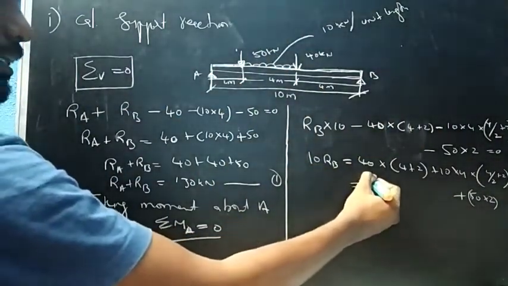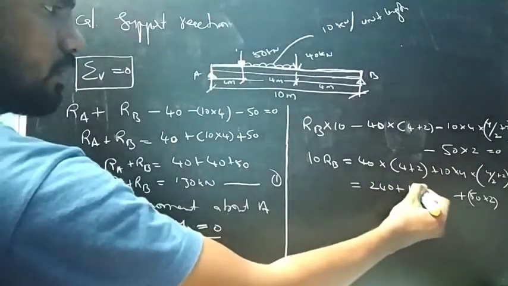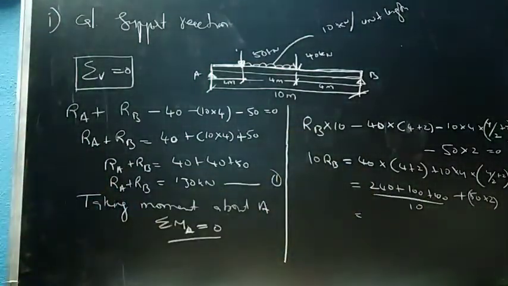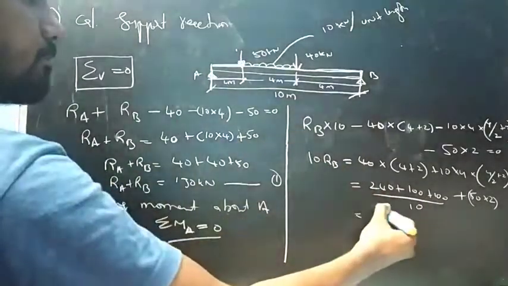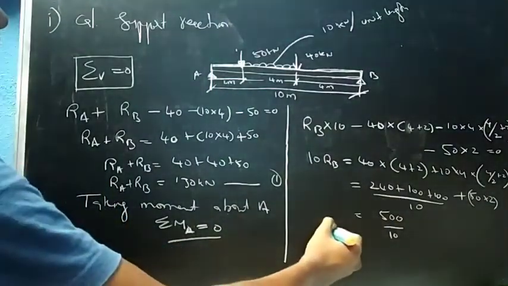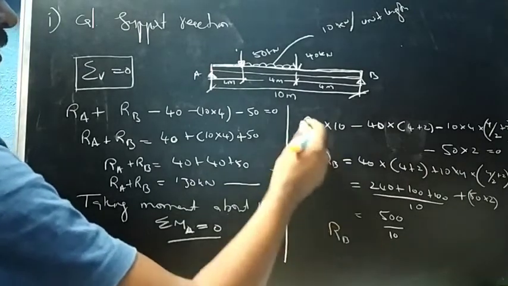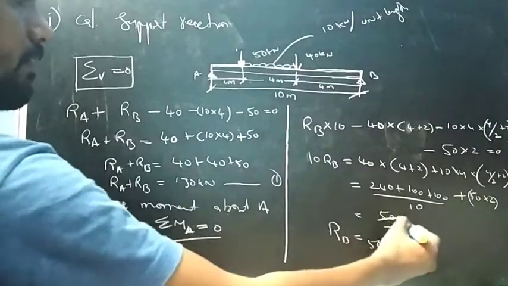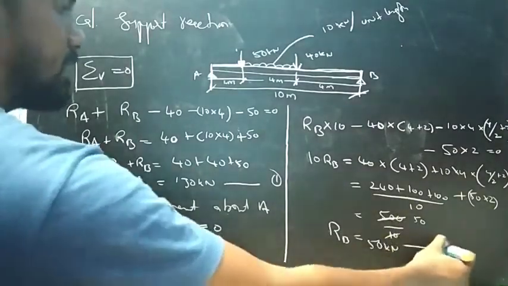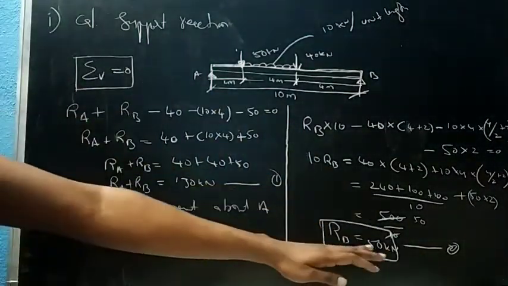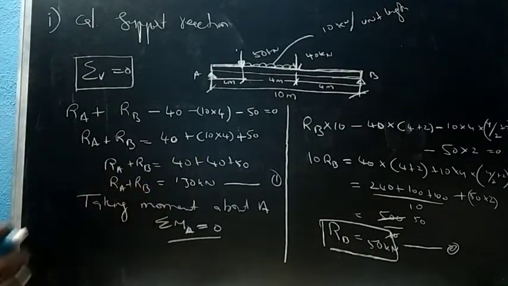From this we will get 240 plus 100 plus 100 divided by 10. So put this in your calculator, that is 500 divided by 10. So that will be your RB equals 50 kilonewton, right? 50 kilonewton. So let's say equation number 2. So right now we got RB, put this in equation 1, we will get RA.